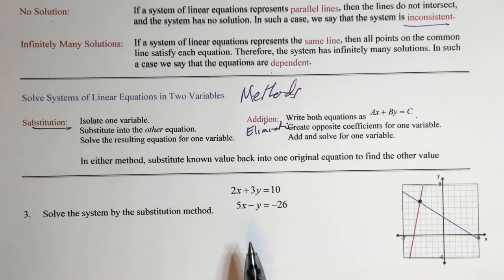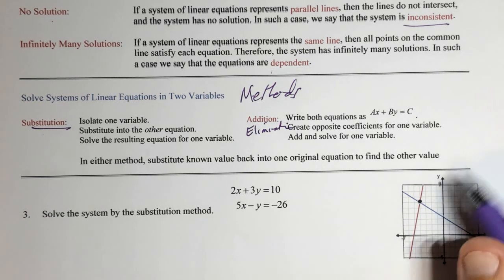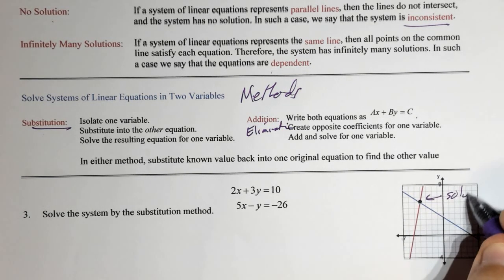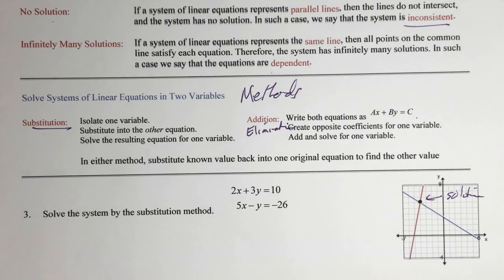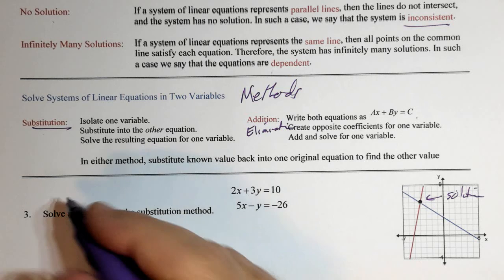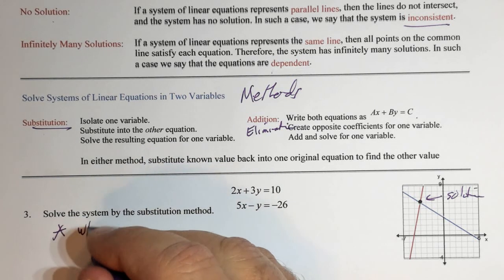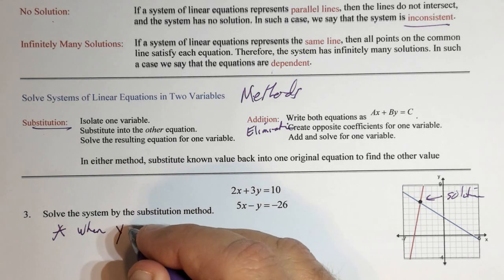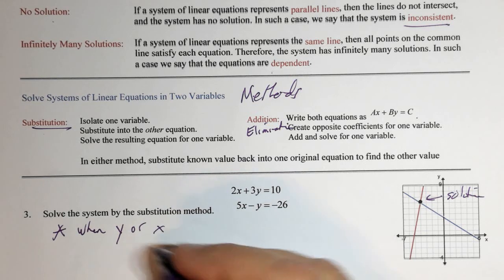Now, if you look here, here's my problem, and here it is graphed. So we already know this here is going to be my solution. Now they're asking us to do this with the substitution method. That's best when you have a y or an x by themselves.